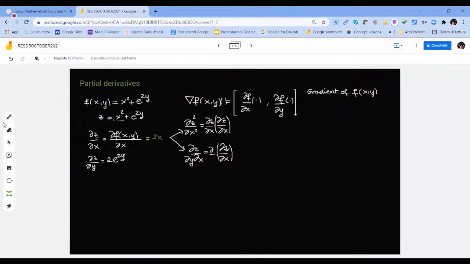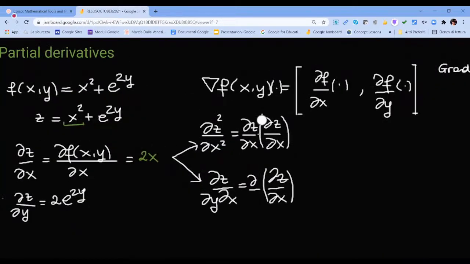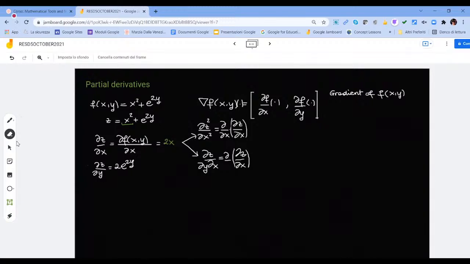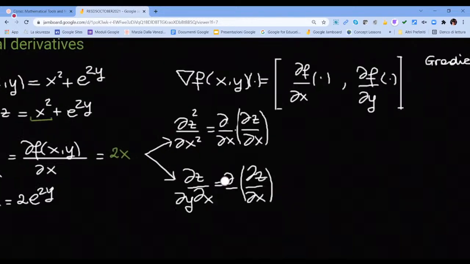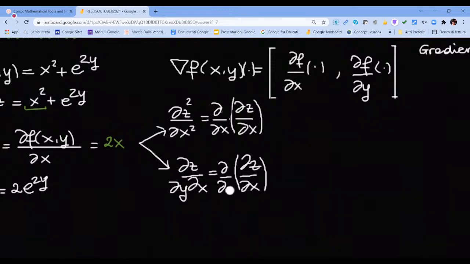I'm sorry, I wrote z, but z doesn't belong there because we have already our argument, the derivative of this one with respect to y. Okay, so we have as many derivatives as there are variables. So, what is this? The first one will be the derivative of 2x with respect to x. That means 2. And the derivative of 2x with respect to y is 0.